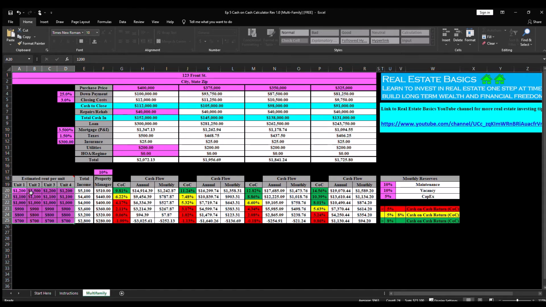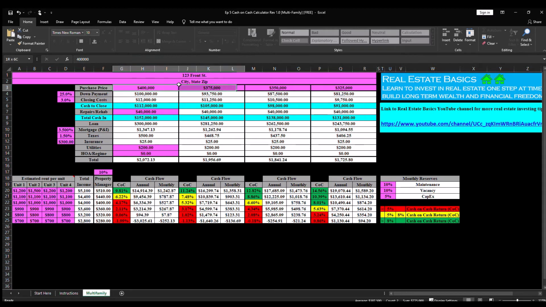Now BiggerPockets does have some excellent calculators on their website, but you can only evaluate one purchase price and one rent at a time. So if you want to do multiple analyses, you have to go through their calculator with multiple iterations.